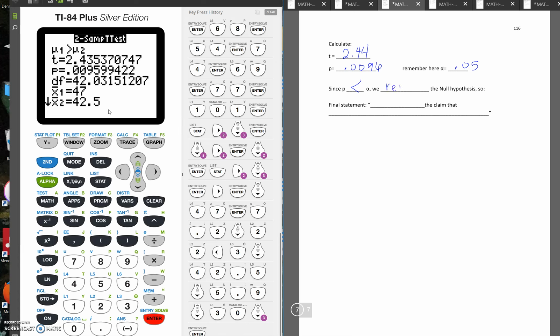So we reject the null hypothesis, which means we support the claim that the non-promoted employees were significantly older than the promoted employees.